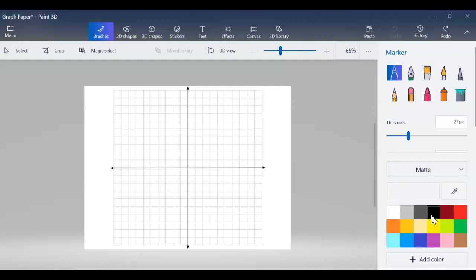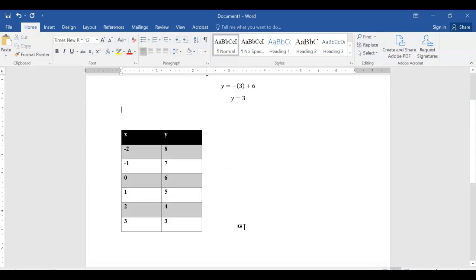So what color do we want here? Let me do this in blue. Let's go back: -2, 8; -1, 7; 0, 6; 1, 5; 2, 4; and 3, 3.